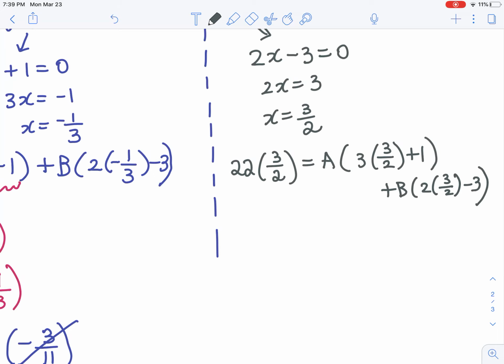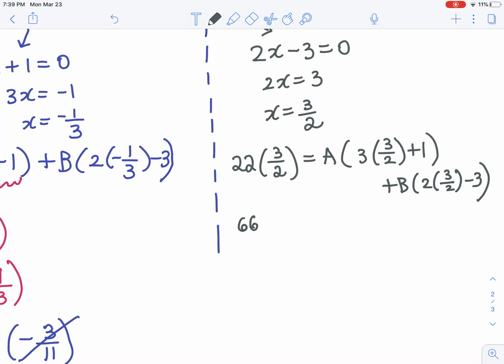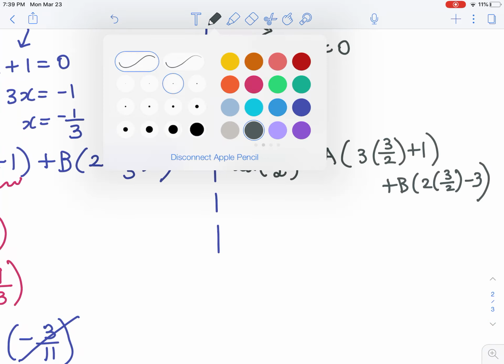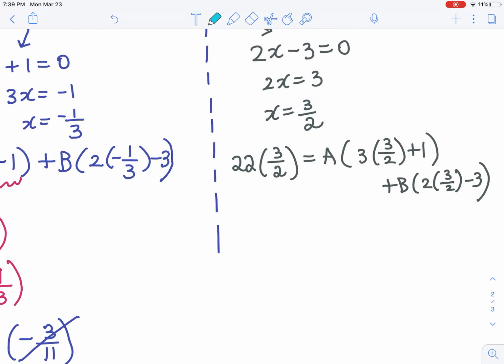Let's simplify this. Notice how I can just divide this 22 by 2 and get 11. And 11 times 3 will give me 33 equals a times 9/2 plus 1.